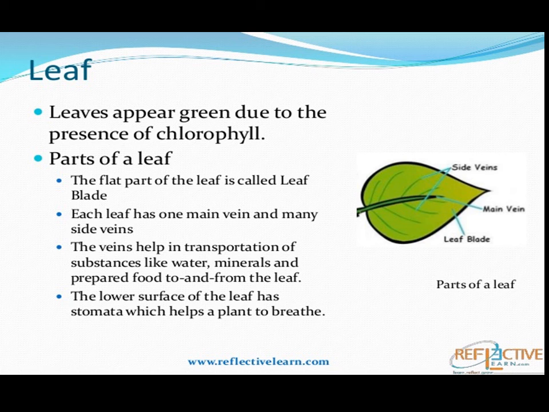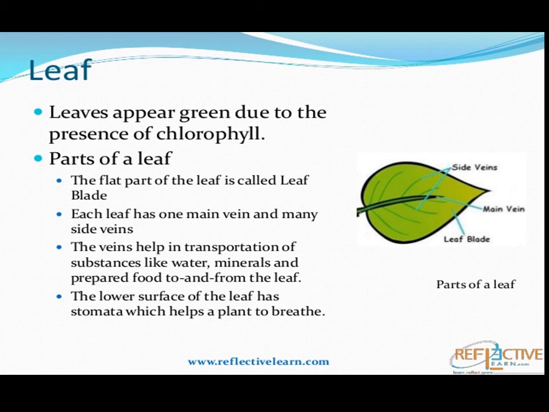So here a green leaf is given to you. When you look at this, you will see the thicker vein which is called the main vein. When you take any leaf and look at it, you will find it in the middle and it is thick compared to the side veins. Then the leaf blade.